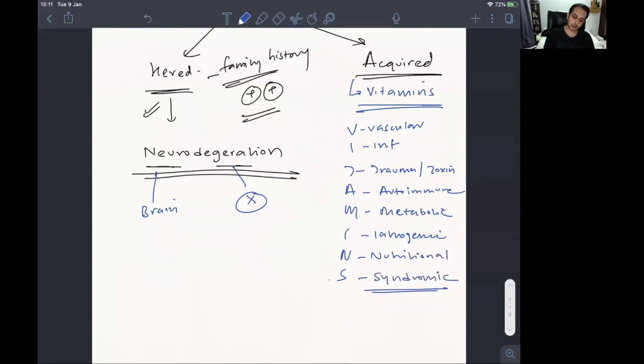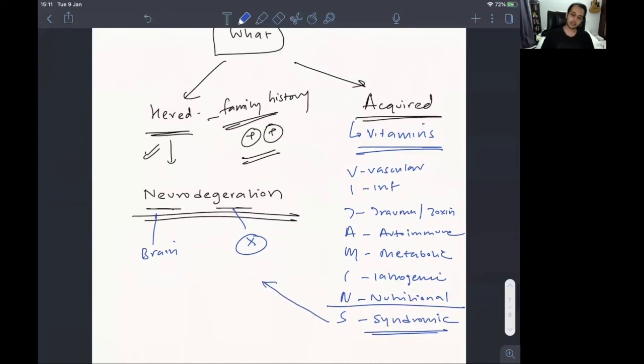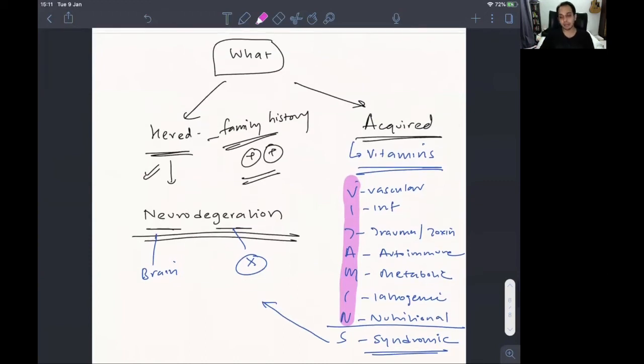And in this case, syndromic we have already covered in your hereditary. So this we won't take, but these are the causes of acquired dementia, acquired memory loss.